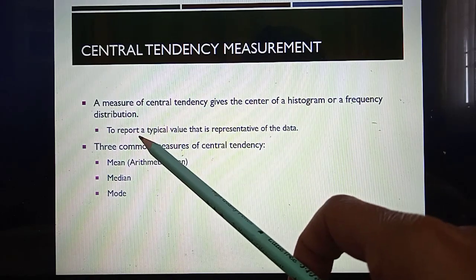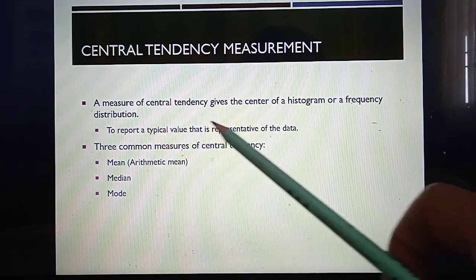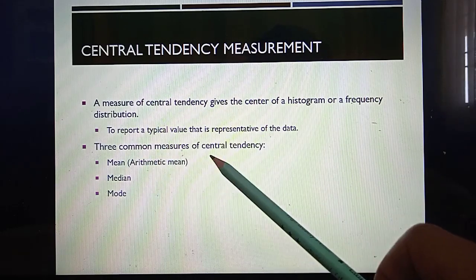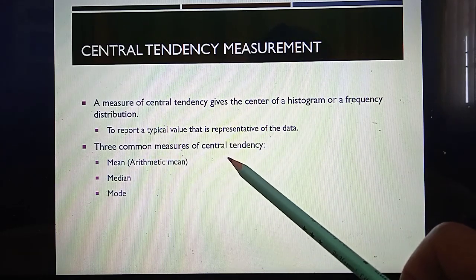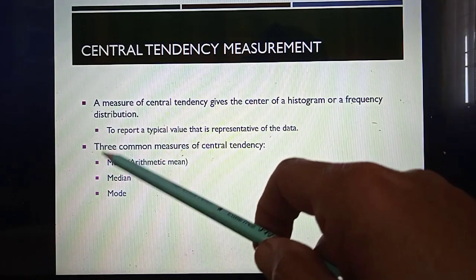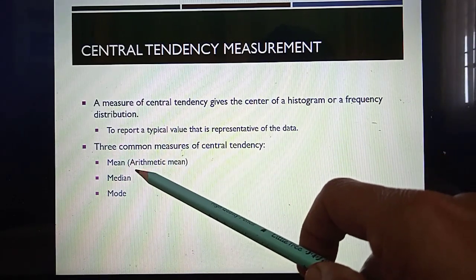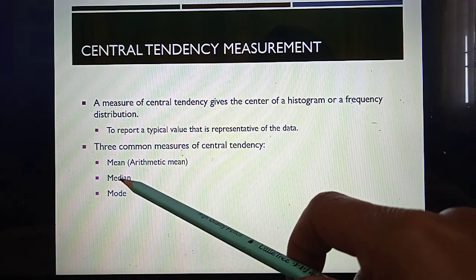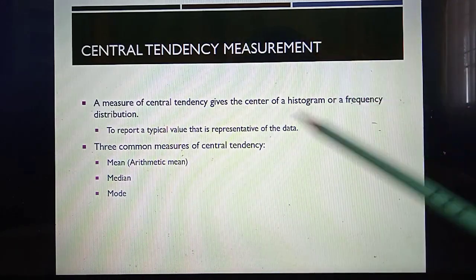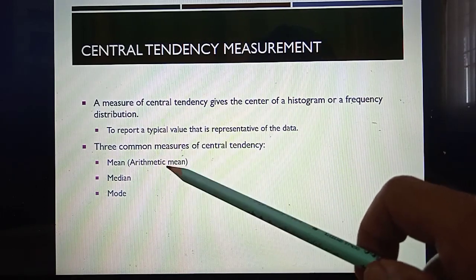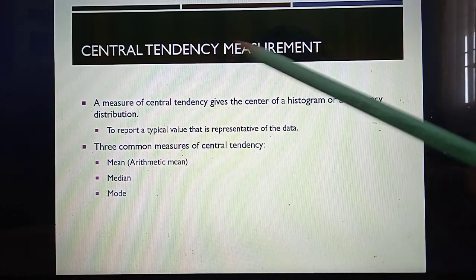So this is to report a typical value that is representative of the data. The three common measures of central tendency, this is the 3Ms that we have mentioned earlier: mean, which is the arithmetic mean, median and mode. These are the three most common measures for central tendency.